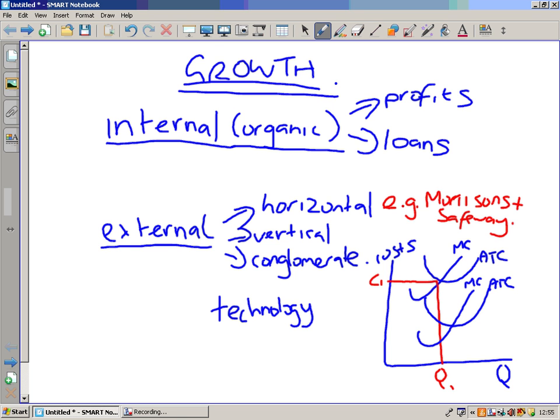So what you can see is now to produce Q1, the business costs have substantially been reduced. If anything, the business can now produce more, so the optimum output will now be at Q2 for an even lower price. So you can see the benefits of technological change for a business. And that is the end of topic 2.